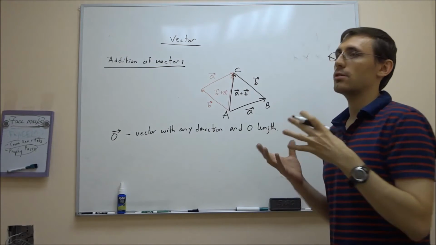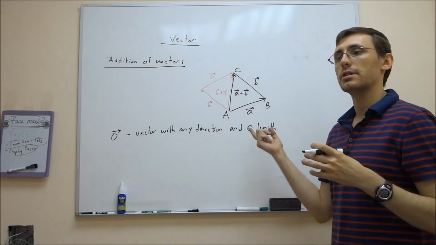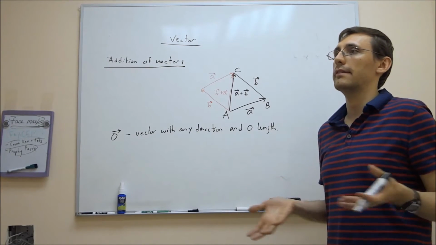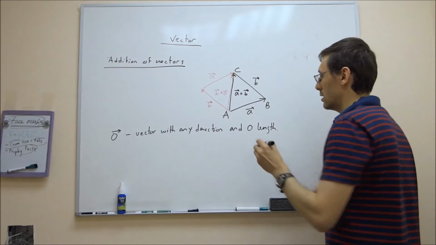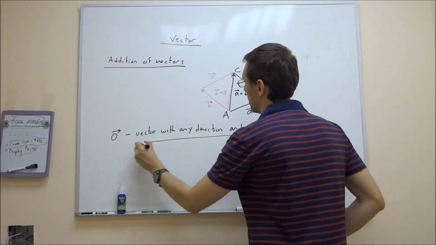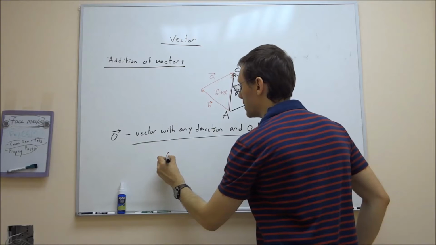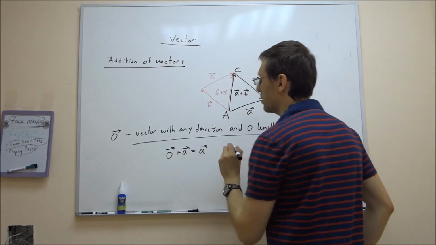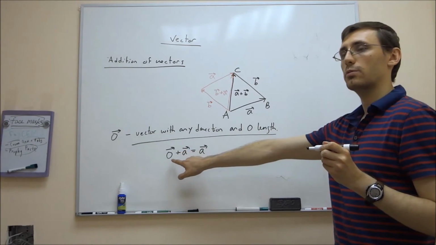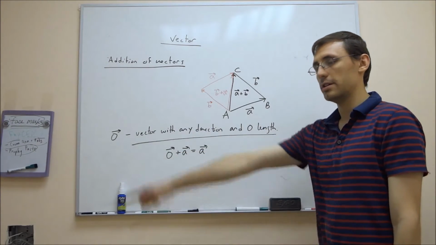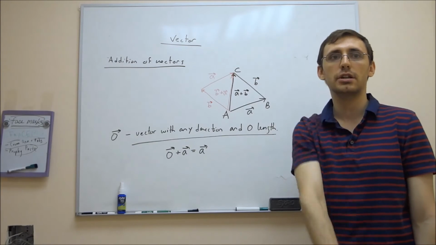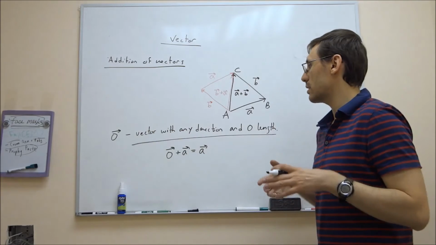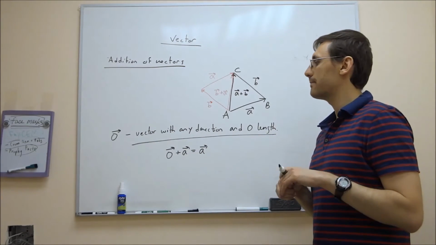Again, to say that something has no length is different than saying it has zero length. Zero length is a quantity, a particular measurement of length, whereas no length means that a length cannot be assigned to it. So by any direction, in other words, I would like to have the property that 0 plus any vector A is equal to the vector A. So in other words, 0 is just the vector of not moving anywhere. You might not move anywhere in this direction, or in this direction. In any direction you want, you might not move anywhere. So that's what you mean by 0 can be assigned any direction.